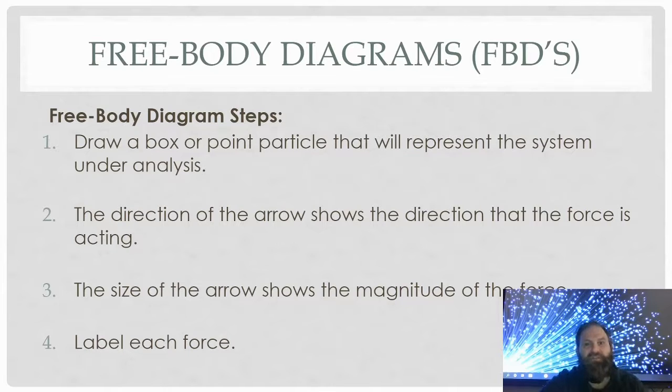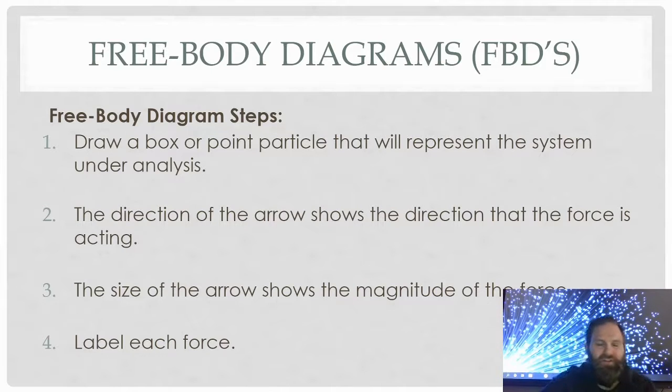You're going to start the arrow from the center of your box, or the point, and you're going to go out from the box. Usually the size of the arrow represents how much force is acting on that object, and that's going to help you decide if the object is moving or not, and it's good for illustration.